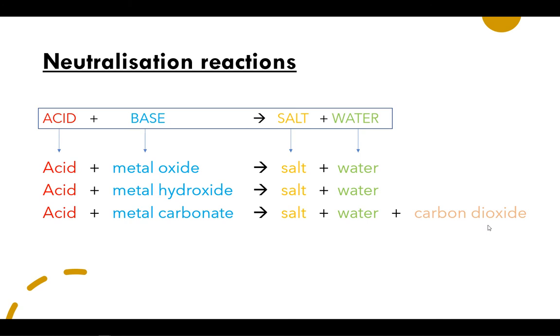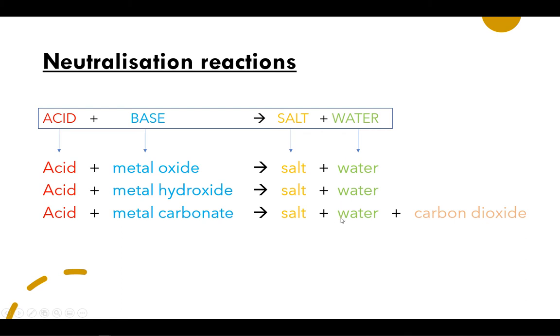If we've got an acid and a metal carbonate reacting together, we still get a salt and water being produced, but we also get carbon dioxide given off. So all of these are acids. All of these compounds here, these metal oxides, metal hydroxides, and metal carbonates, they're all bases. We're going to form these compounds called salts, and we'll look at how we name salts and what salts are in a second.